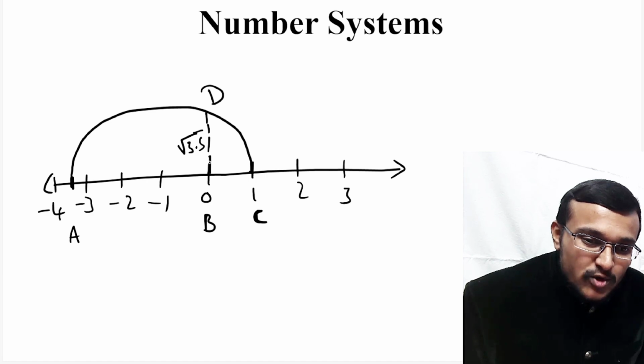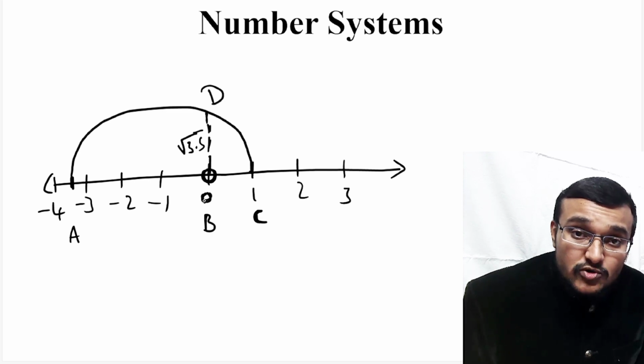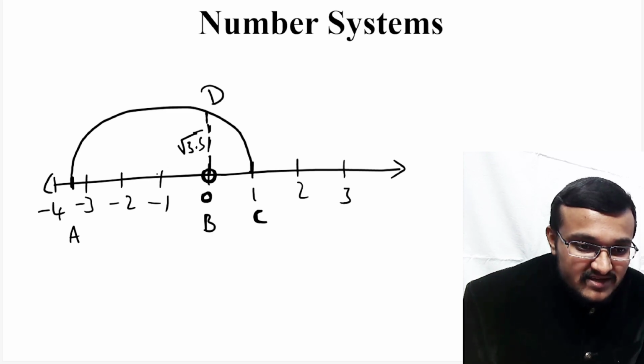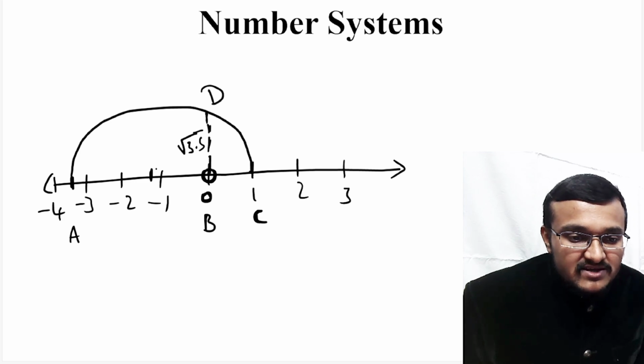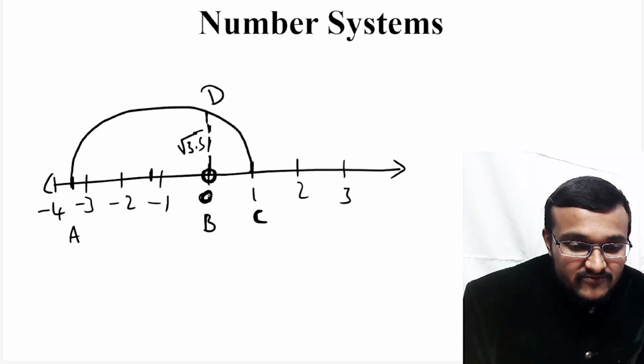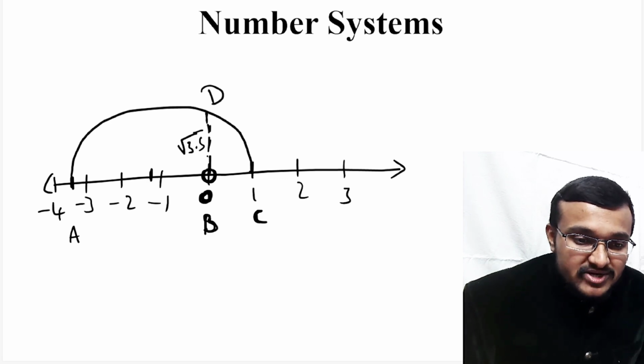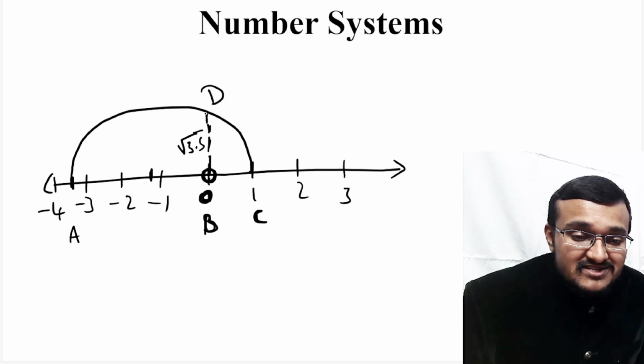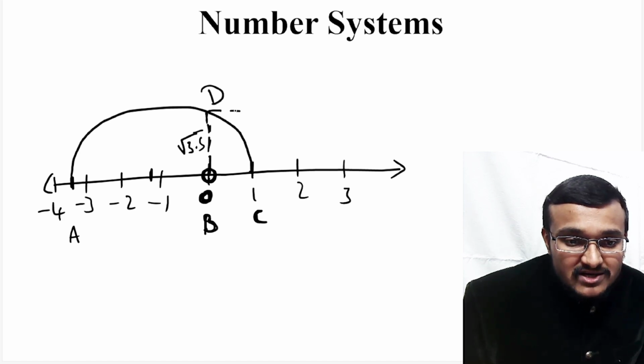Now making this OD as the radius, you can keep a compass one end on this particular B position. So this is not O, this is 0, because O comes somewhere here. So here this particular value is 0, on which I have kept this particular B. So taking this B and BD as the radius of a new circle, you can place one end of compass on this B and another end of compass on this D, and you can draw a semicircle like this.